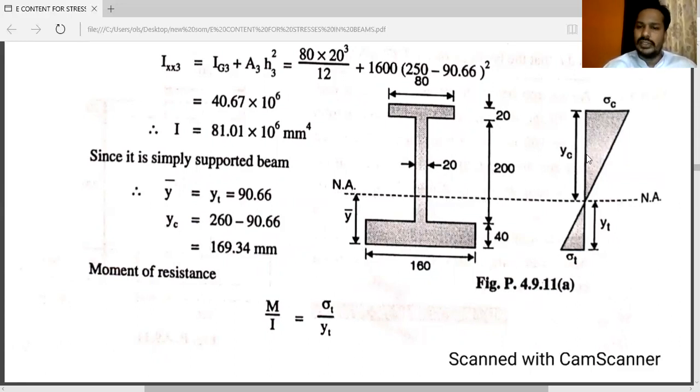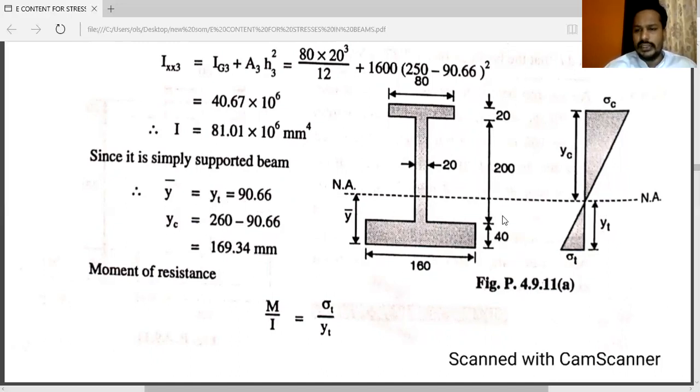Above the neutral axis, you can see the compression. Below the neutral axis, that is tension, that is the sagging condition. This is the simply supported beam already given in the problem. So YT, that is this dimension, is nothing but y bar.